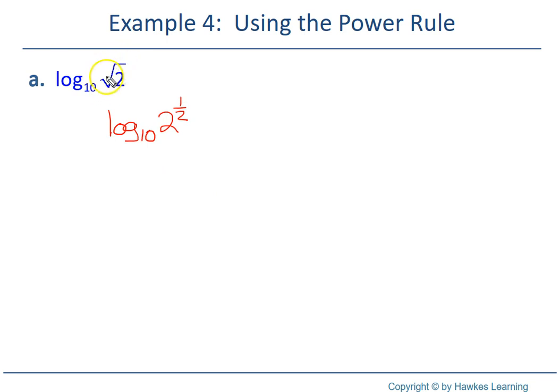Convert this radical, as you recall from an earlier lesson, to the 1/2 power. So when we convert this, this is going to be log 2, and we don't need to write the base 10 there, but where are we going to put that exponent now? And the answer is out in front. We move the exponent to be in front of the word log. And that's how that's done.